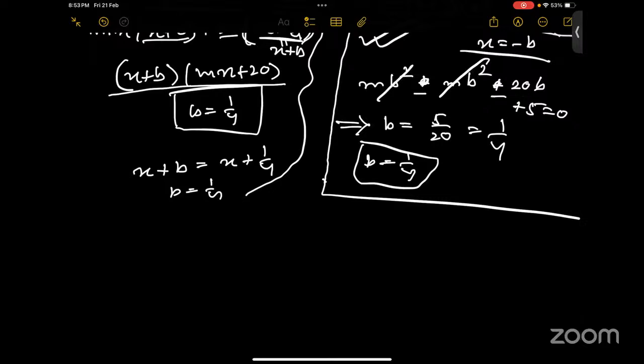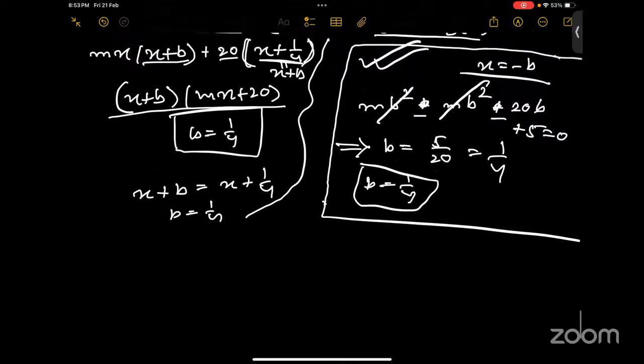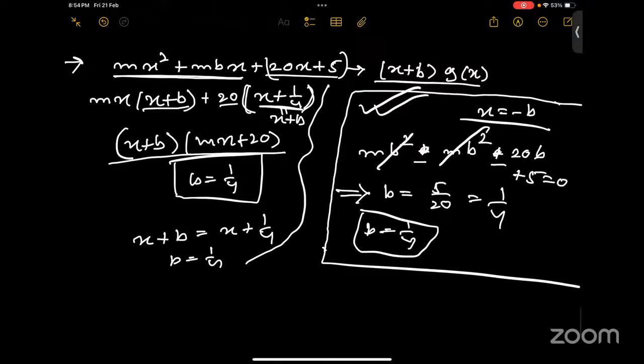No, ma'am. I have a doubt in the second method. How did we get x equal to minus b? We put x plus b as a factor, right?